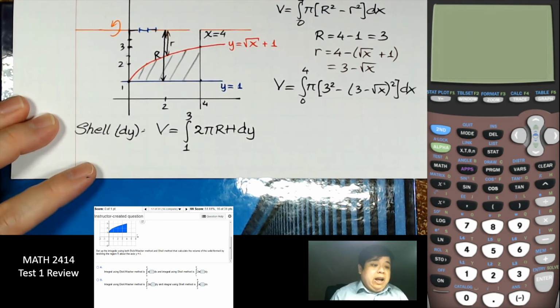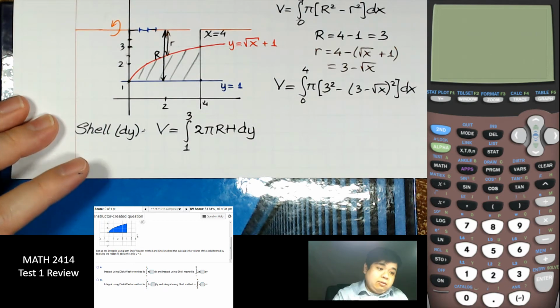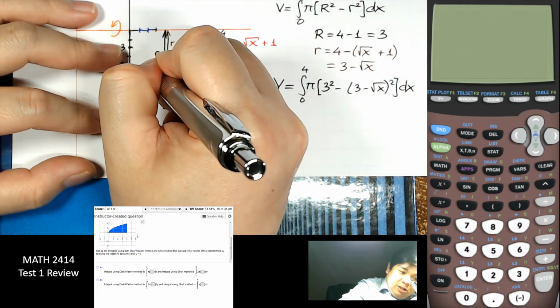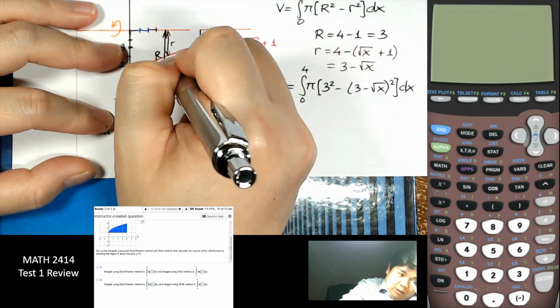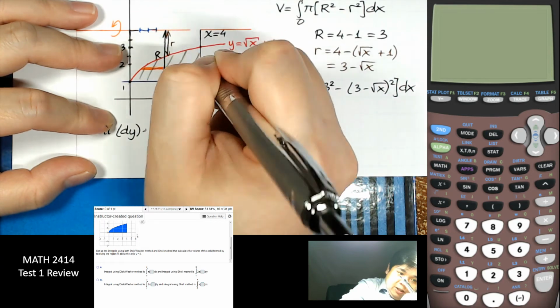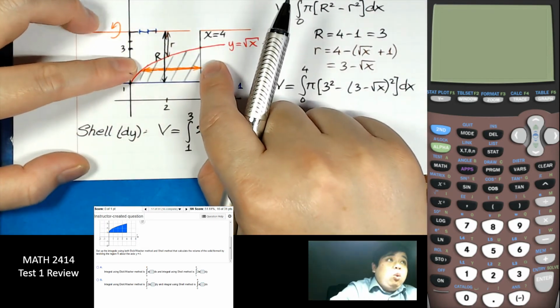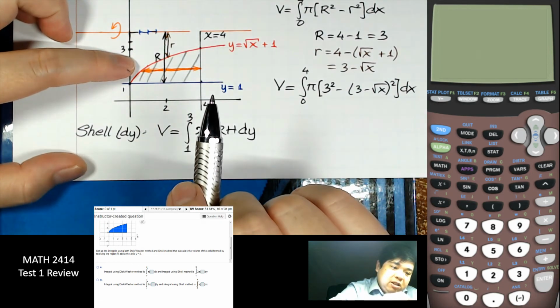Right, now how do we determine R and H? Right, what we do is we're going to draw the line parallel to the axis of rotation, and not really parallel but it has to be within the boundary, on the right minus the one on the left.